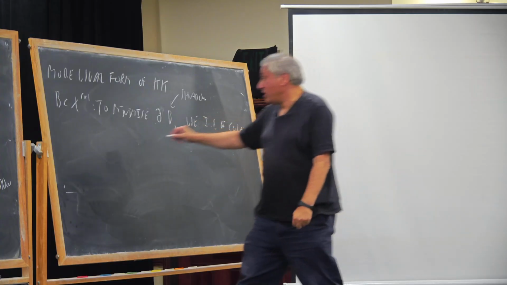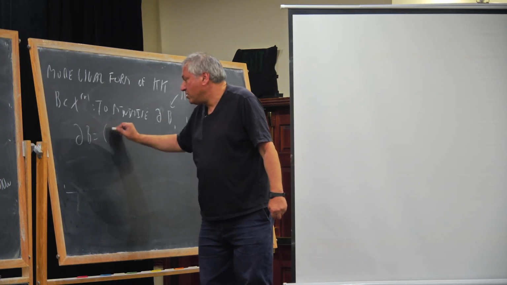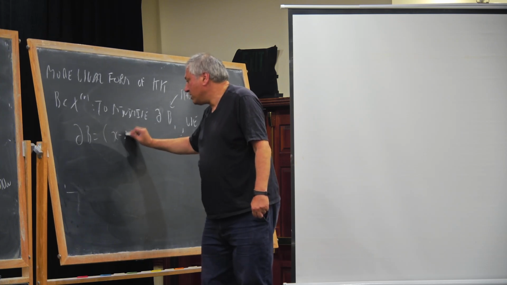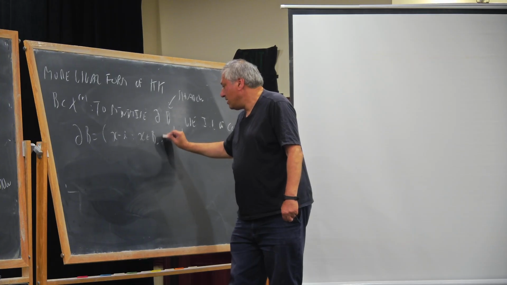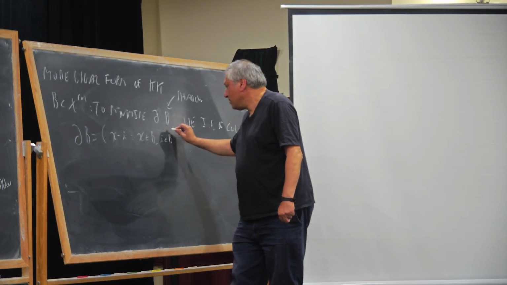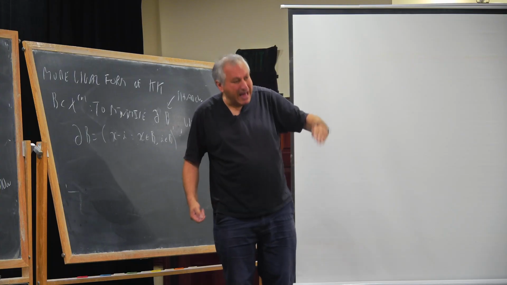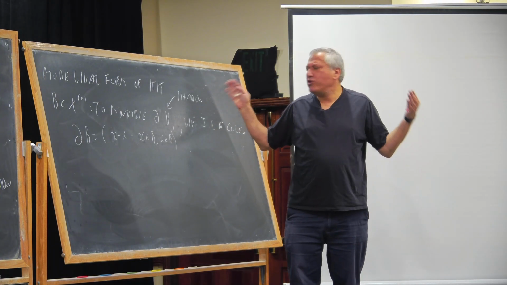So if you like in symbols, the shadow of B is the set of all X minus the element i, such that X is a set in B, and i belongs to X. Does that make sense? You take everything in a level, remove an element everywhere you can, that's the shadow. That's the more usual form of KK.